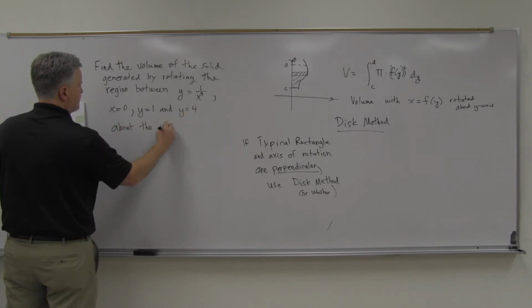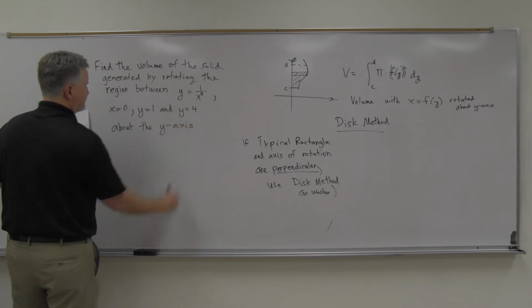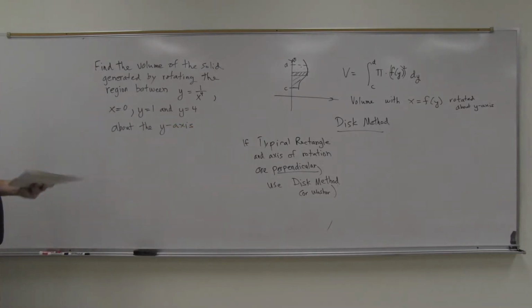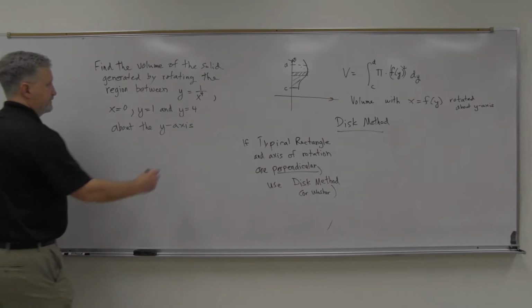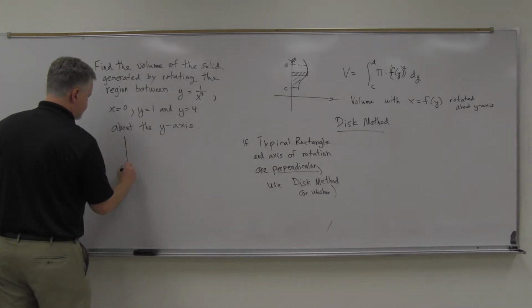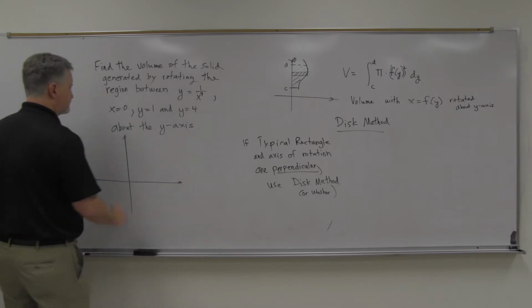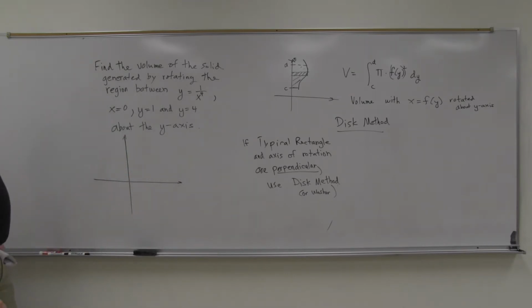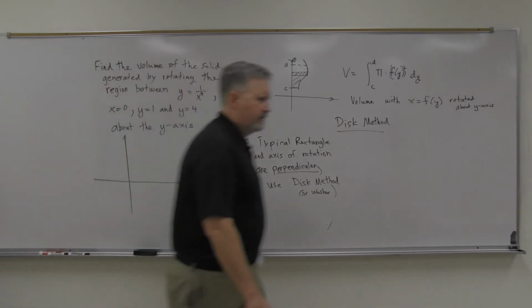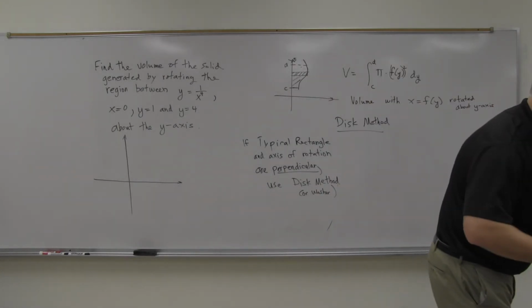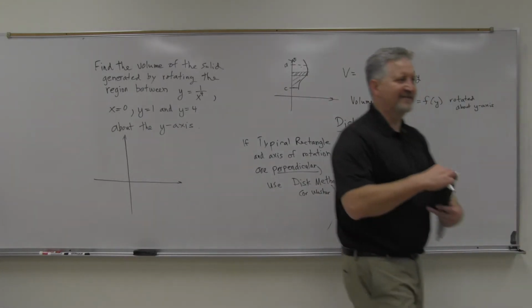So we want to find that volume. 1 over x to the fourth. I think I know what it looks like. I'll make sure.